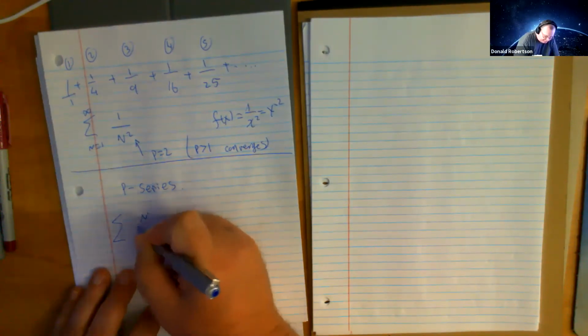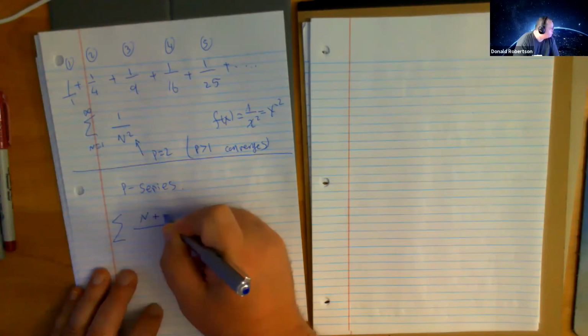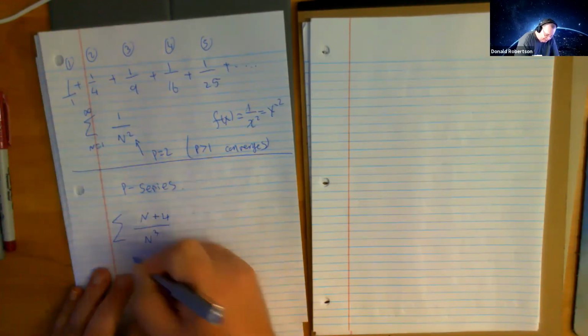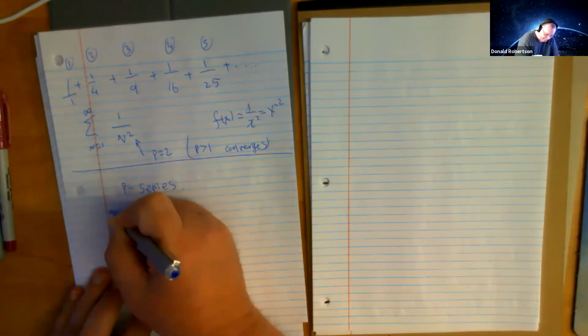So suppose I gave you that guy. If you try to do the integral test on that, you are going to come unstuck really quickly. The only strategies that we have are things like u-sub, integration by parts, partial fractions, right?